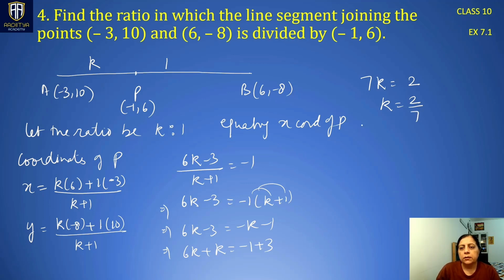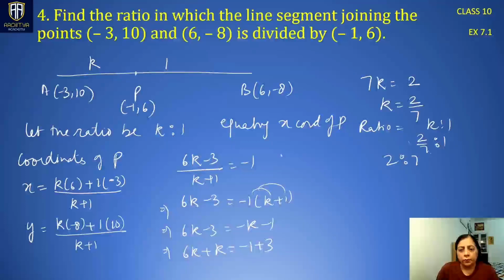Right? That means the required ratio is k is to 1, that means 2 by 7 is to 1. So we can say that it is 2 is to 7. You can take the 7 to this side, or you can simply multiply both the ratios by 7. We get 2 is to 7. Right?